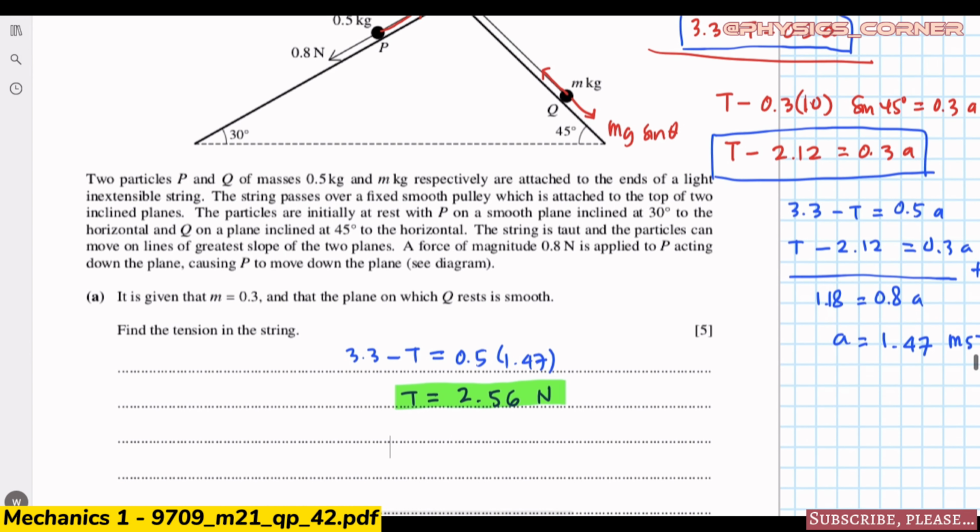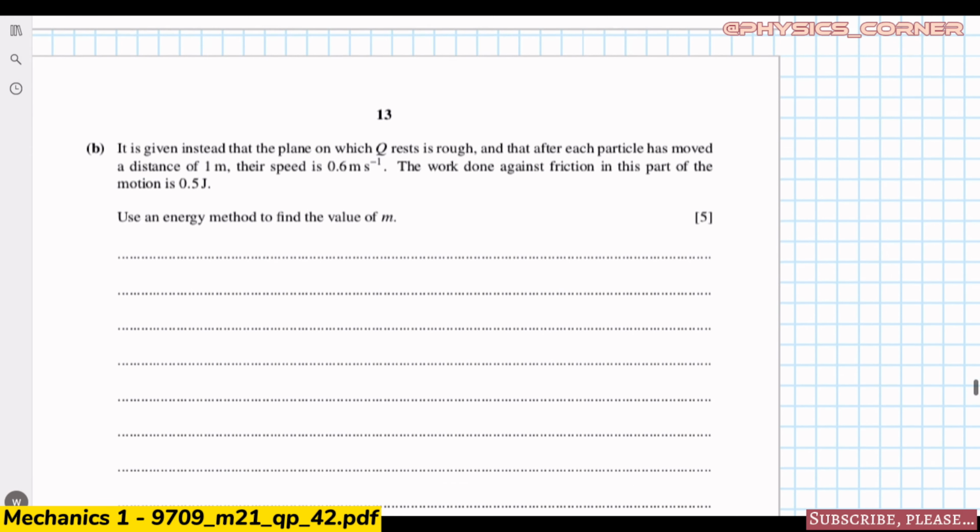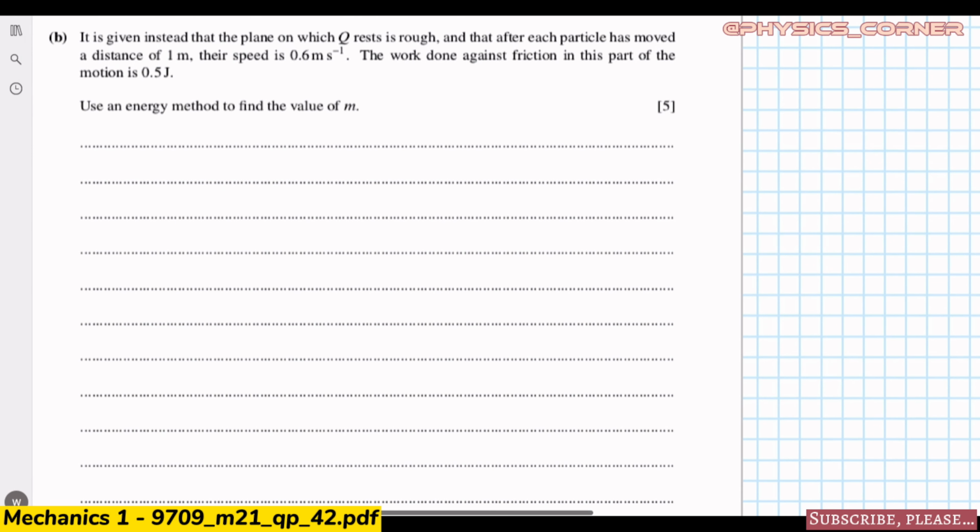Continue to question B. It's given instead that the plane on which Q rests is rough, and after each particle has moved a distance of 1 meter, their speed is 0.6 meters per second.